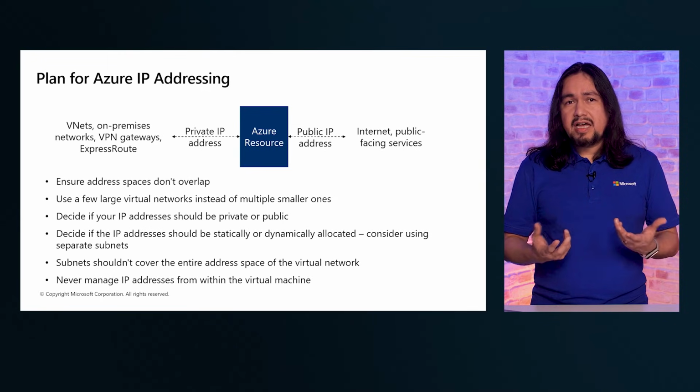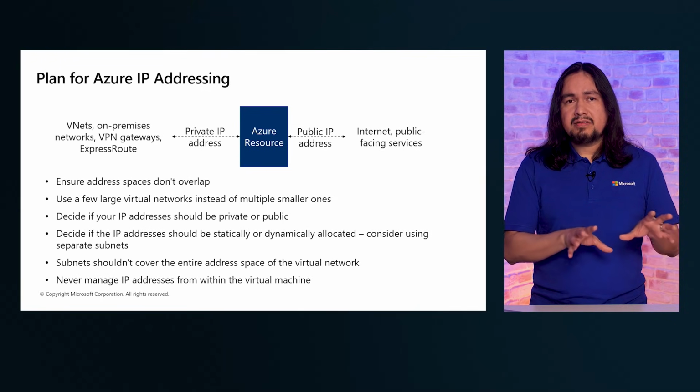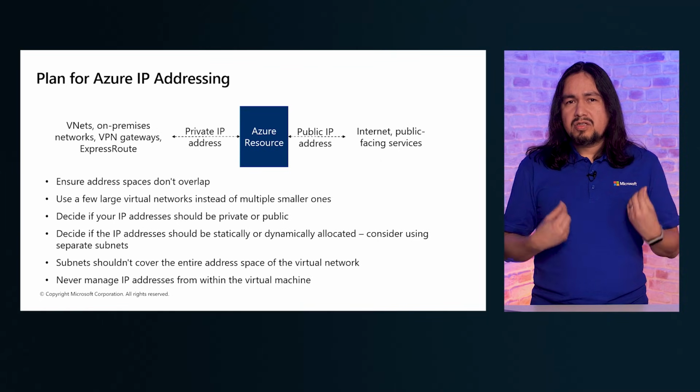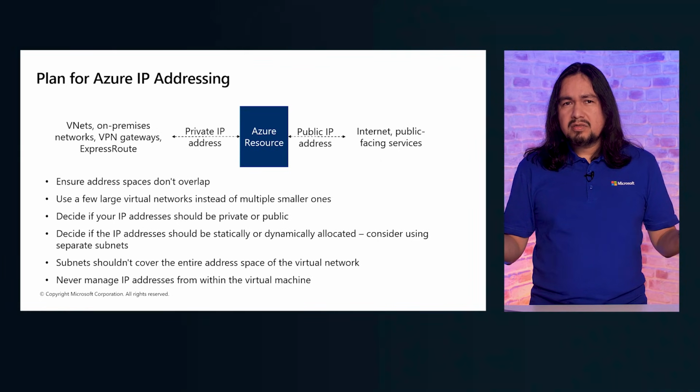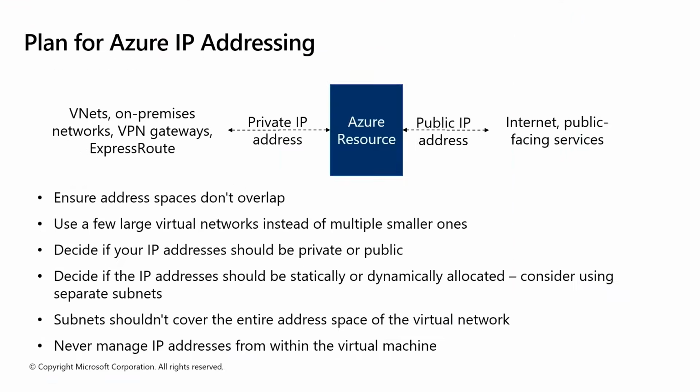And you need to decide if the IP addresses are going to be static or dynamic. Subnets shouldn't cover the whole address space of the virtual network. And last but not least, please do not change the IP address settings within the virtual machine.